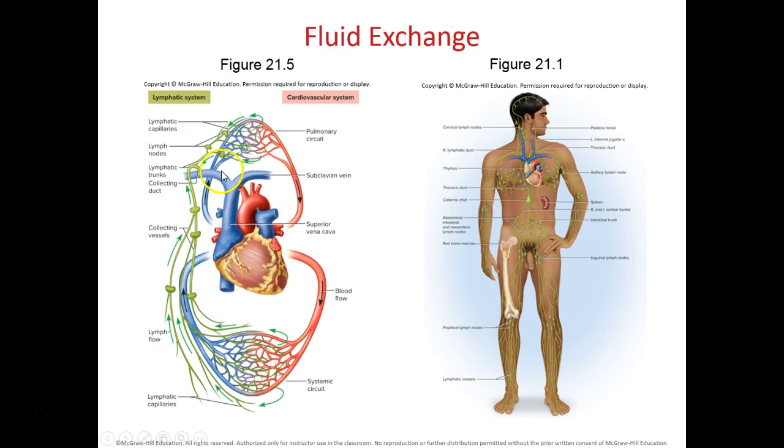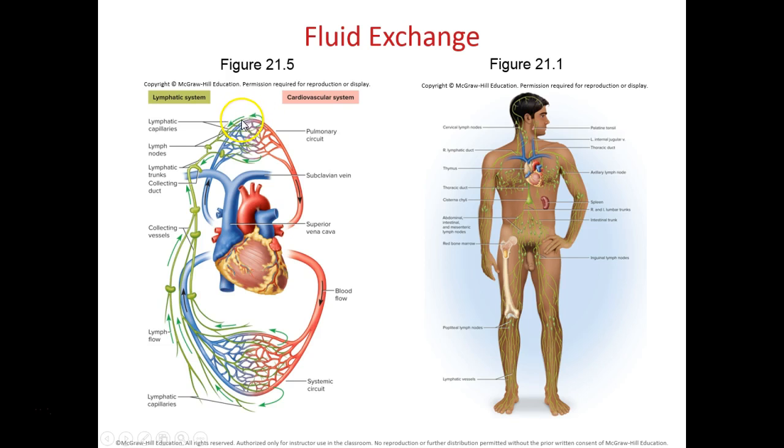Here you have the pulmonary circuit versus the systemic circuit. We talked about this goes to the body, this goes to the lungs. And all intertwined with the blood vessels, you also have these lymphatic vessels as well. And so as fluid leaks out of the blood into these areas, it is returned to the venous system.